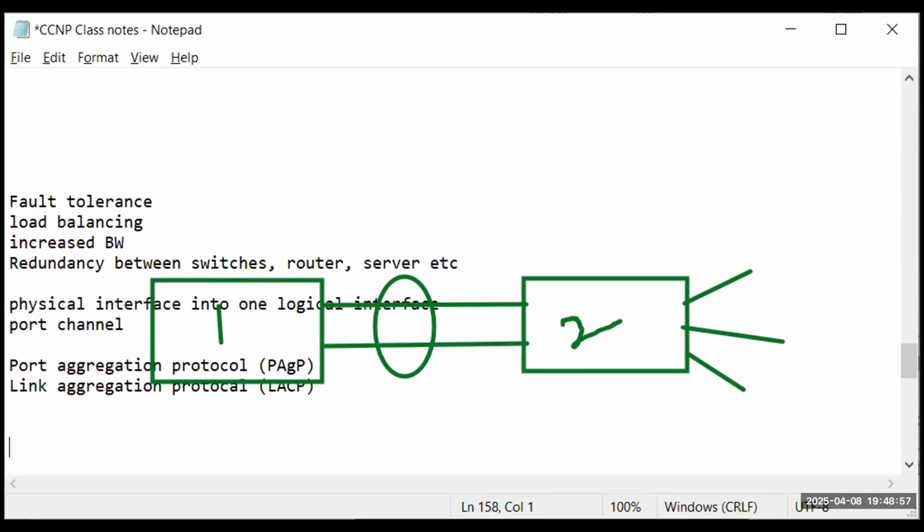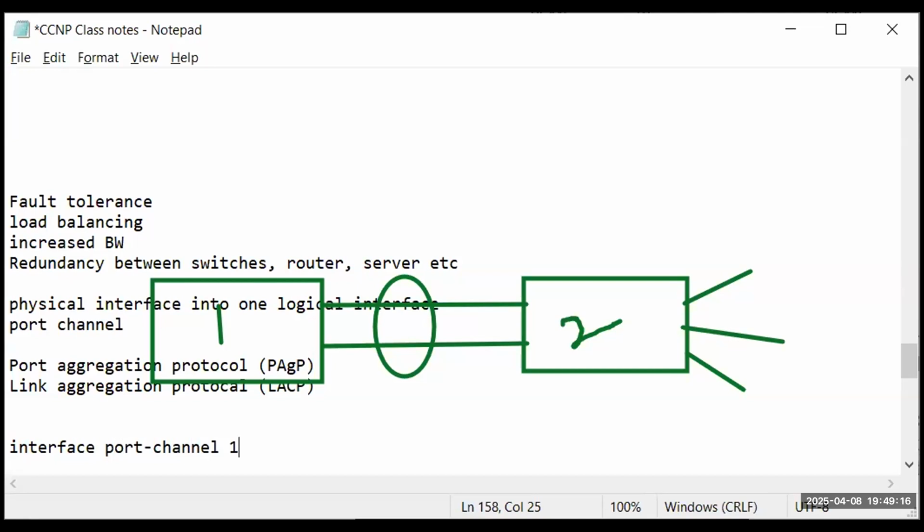First we need to configure a logical interface. Interface port-channel 1. So this is one logical interface we are creating.